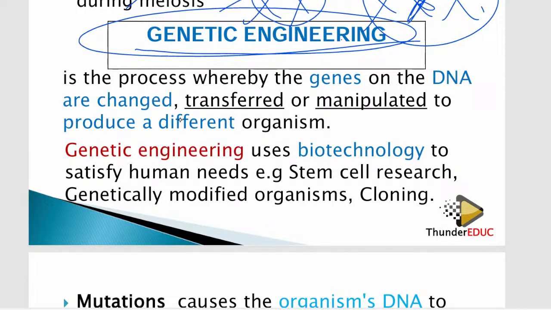So when you say engineering, what does it mean? Engineering means that you are manipulating. All engineers manipulate. I give you a plan, you manipulate that structure on the plan and you put it to stand.